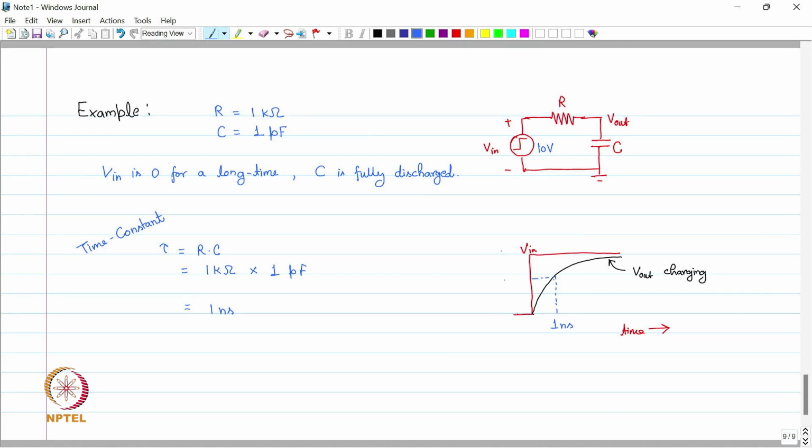This is a step of 10 volt. So this value at one time period is 0.63 multiplied by 10, which is 6.3 volt. This value will be achieved in one time period. So this is how the RC charging time constant actually works.